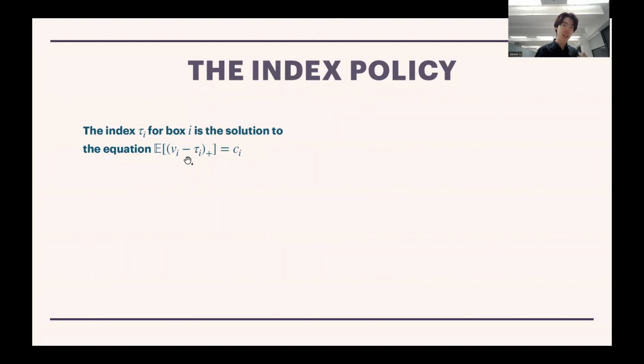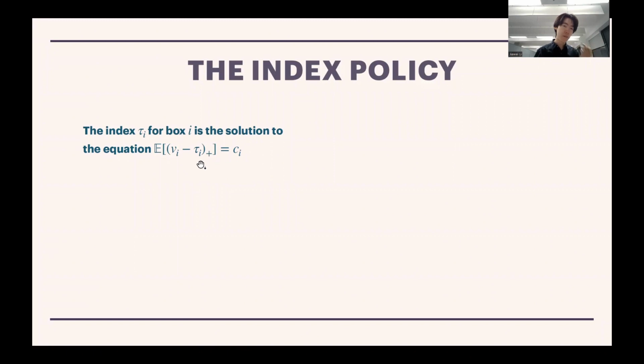So this tau i is a threshold. If your current largest value is below tau i, then the expected increase of your max value will be larger than the search cost of that box, so it's still strictly profitable.